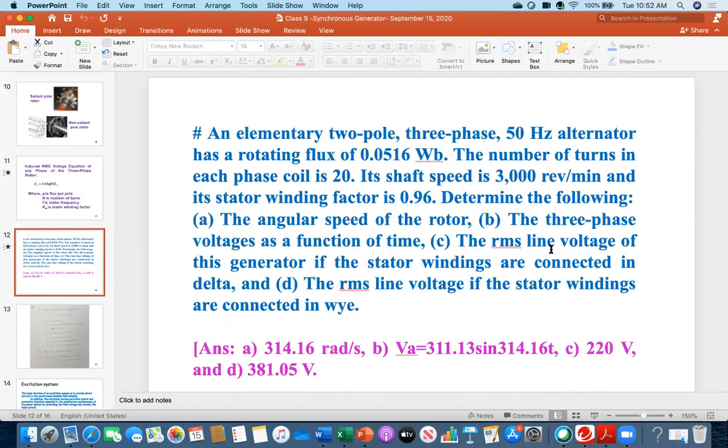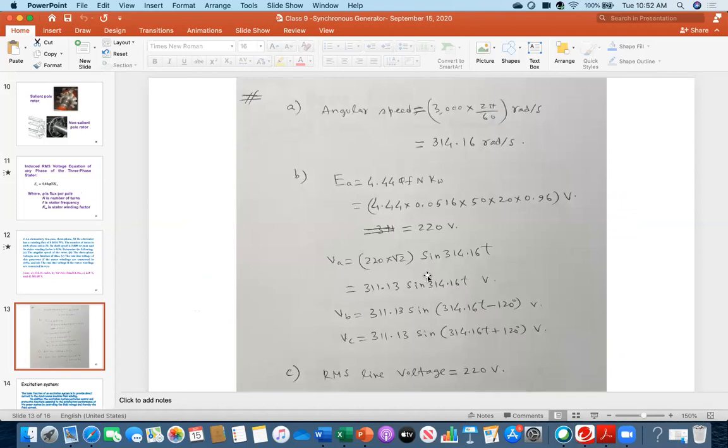Now the question was to find out the three-phase voltage as a function of time. This means you have to write in terms of VM sine of omega t, in that format. So when you want to express in time domain, definitely you need the peak or the amplitude. So everybody see what I am doing.